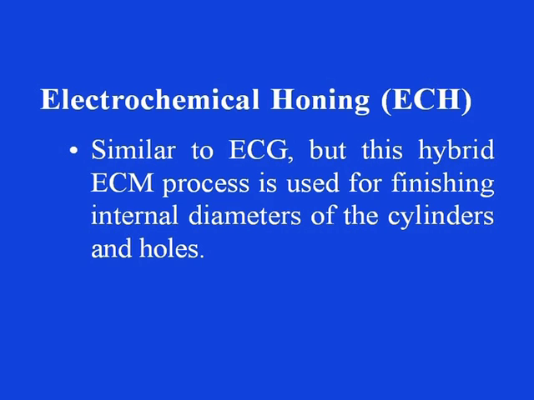The next variant in this process is electrochemical grinding. This is a hybrid ECM process, and this uses a rotating cathode embedded with abrasive particles for applications comparable to milling, grinding and sawing. Electrochemical honing is another variant or hybridization of this process.